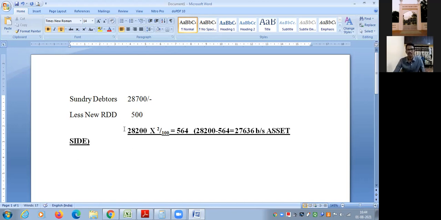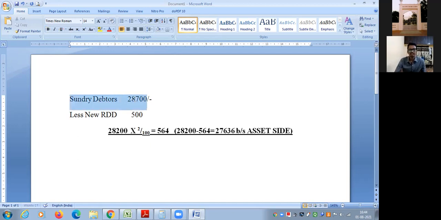Understood? How to calculate? First, the sundry debtors given on the trial balance debit side, 28,700, as it is, we write on the balance sheet asset side. Less RDD 500. The remaining balance is 28,200. Now 2% of this is 564, as we have calculated right now. So minus this 564, the remaining balance will be this much. I will highlight it. So it will appear as 27,636 on the balance sheet asset side.